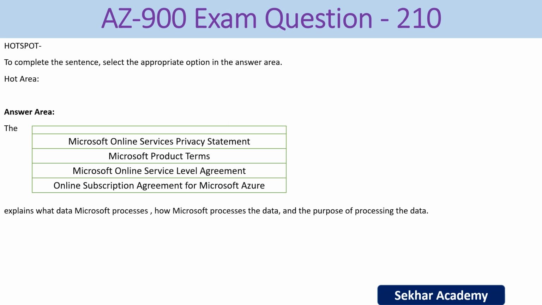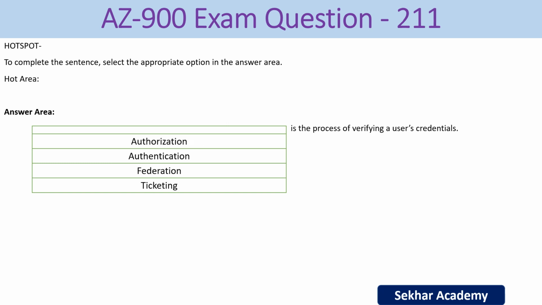The options we have: Microsoft Online Services Privacy Statement, Microsoft Product Terms, Microsoft Online Service Level Agreement, and Online Subscription Agreement for Microsoft Azure. Right answer is Microsoft Online Services Privacy Statement.